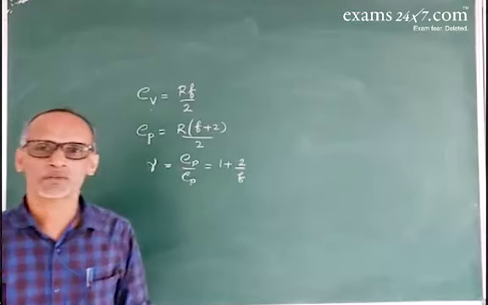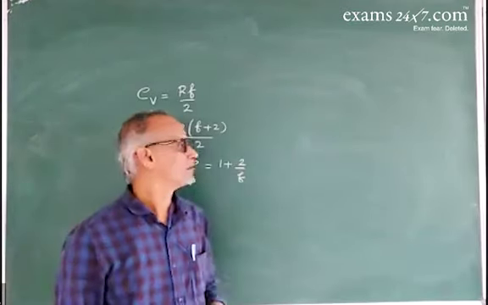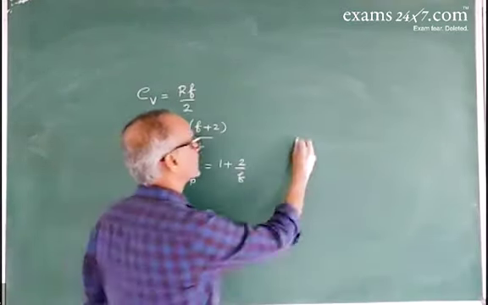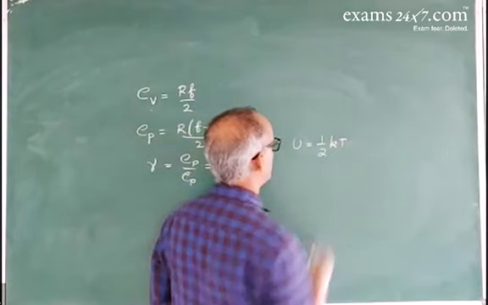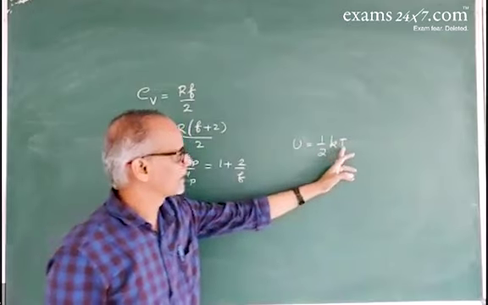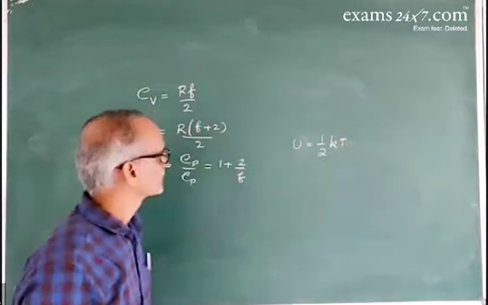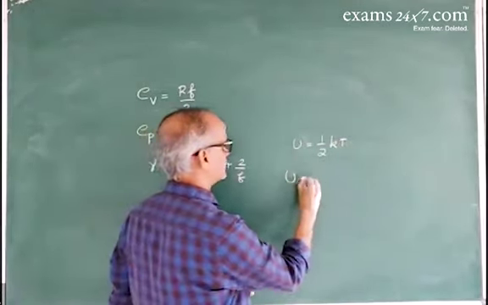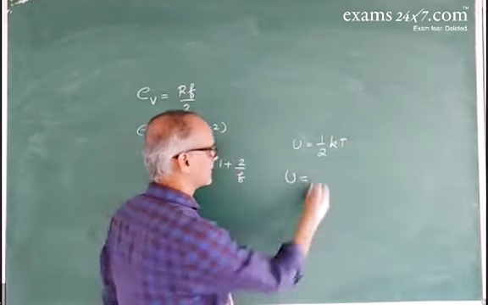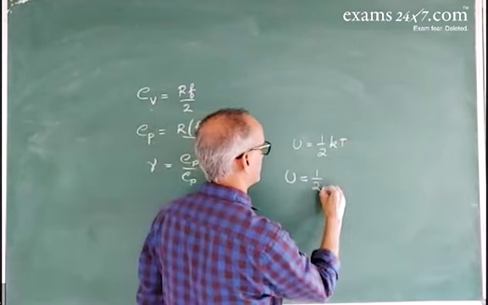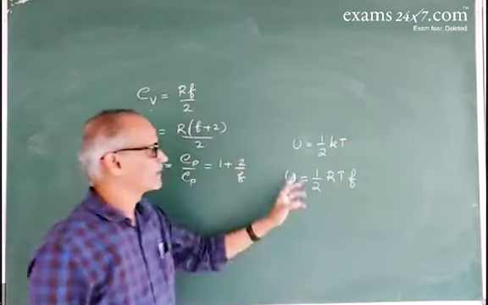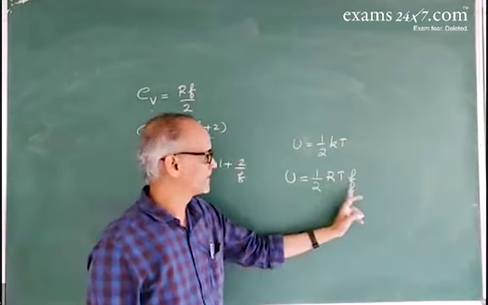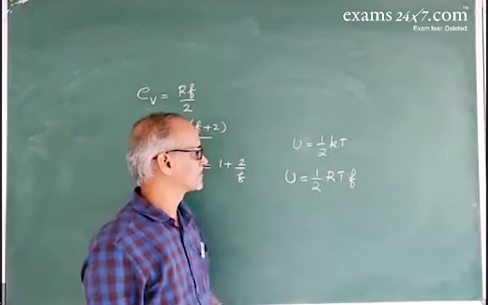Then the amount of energy per degree of freedom is given by U is equal to half kT, where k is the Boltzmann's constant and T is the absolute temperature. The total energy of 1 mole of a gas is given by half RTf, where R is the ideal gas constant, f is the degrees of freedom and T is the absolute temperature.